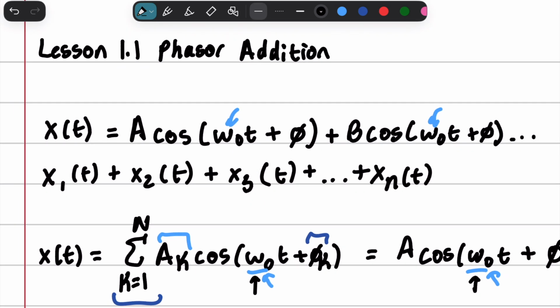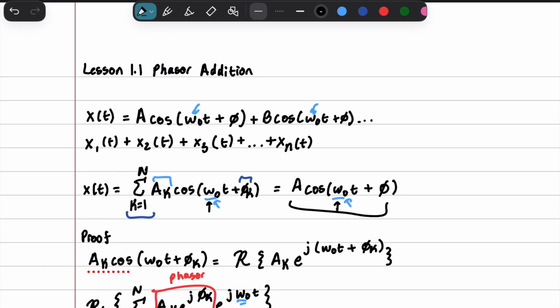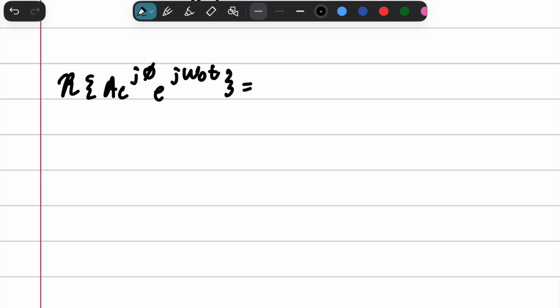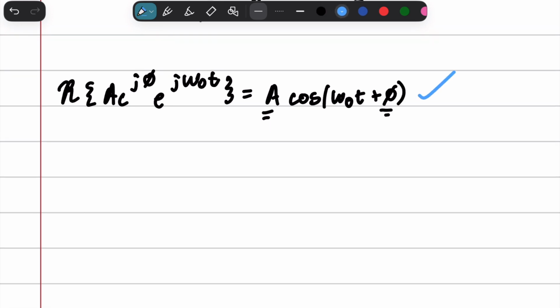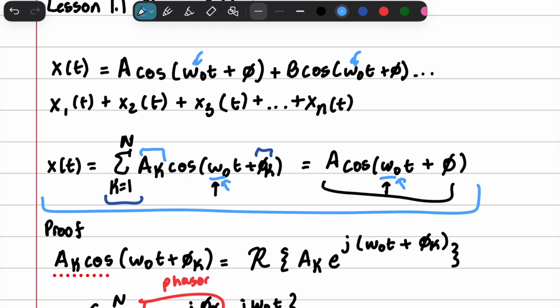We are going to get what we were looking for right here. And so we get a cosine omega naught t plus phi, some arbitrary phi and some arbitrary a. And so this works out. This equation right here is true.